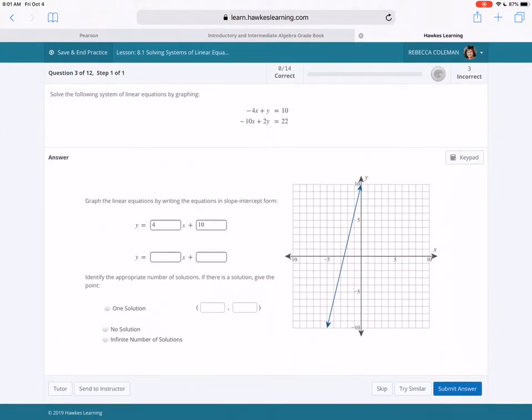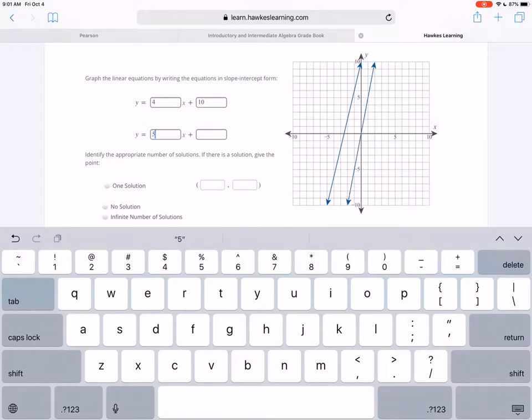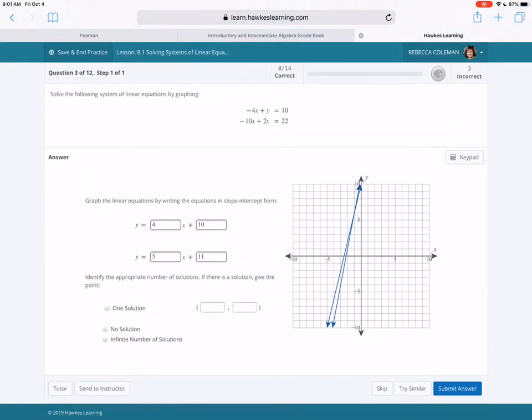If I come back over here and I enter my slope-intercept form that I just found, then again, what you're going to notice is that it graphs the line for me with an intercept of 11 and a slope of 5. And then what I'm doing here is I'm looking for the point of intersection.